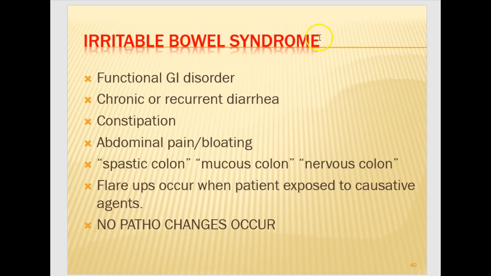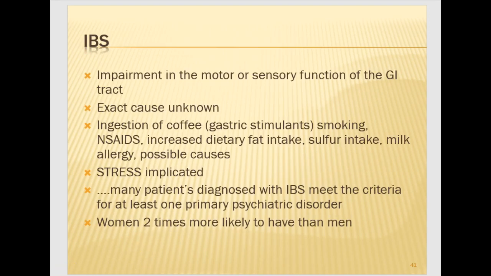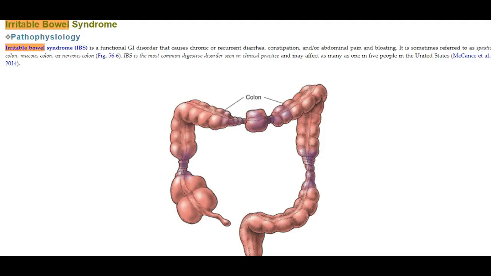In addition, with irritable bowel syndrome, patients do have constipation, abdominal pain, the bloating, and all the others. Okay? Irritable bowel syndrome. Look at this picture. I wanted to show you guys this, pulled straight from your book. Look at the colon and look what's being irritated.